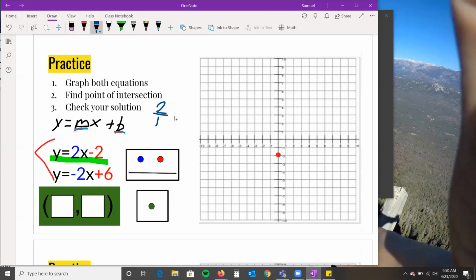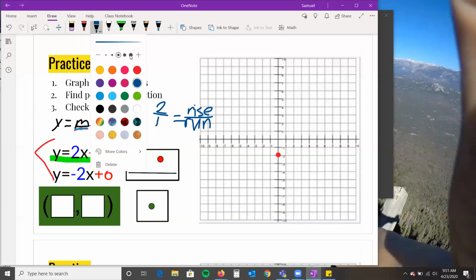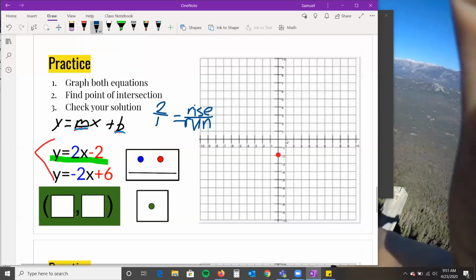The reason I write it like that is so I can do the whole rise over run thing and visualize what's going on. It's going to go up 2 for every 1 to the right. So I go up 2, right 1, place a point. Up 2, right 1, up 2, right 1. Like so.